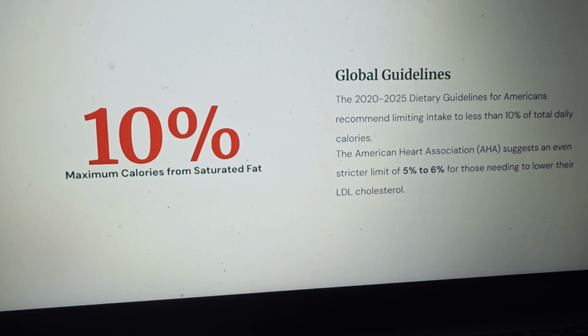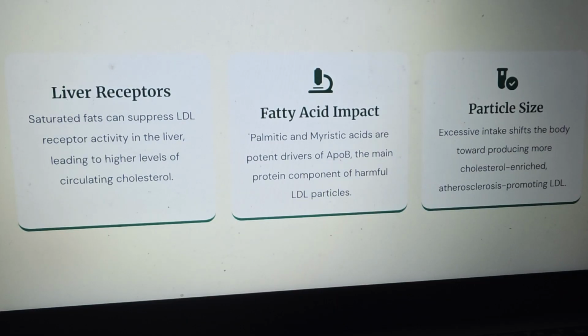The American Heart Association suggests an even stricter 5 to 6% for those needing to lower their LDL cholesterol. If you are already aware of your cholesterol level, and if it is more than the recommended level, then you have to restrict your saturated fat intake to 5 to 6% of your total daily calorie intake.